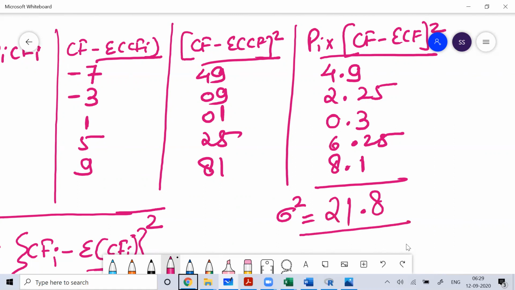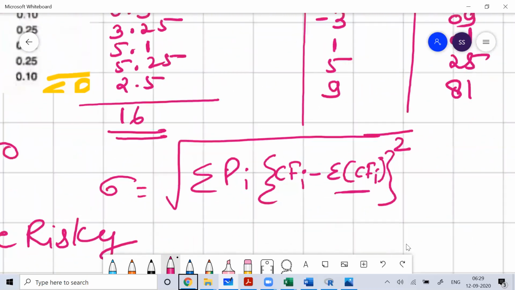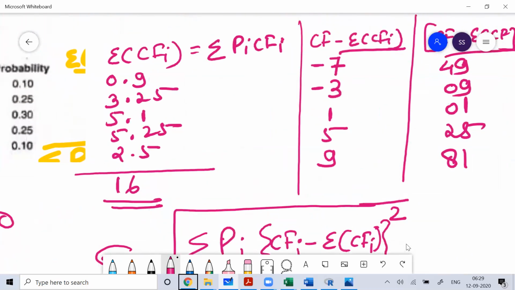So you get variance as 21.8. So the standard deviation would be the square root of 21.8, and you got the mean.